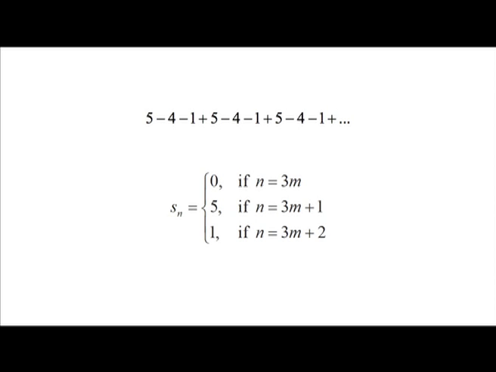Then Sn equal to 0 if n equal to 3m, 5 if n equal to 3m plus 1, 1 if n equal to 3m plus 2. Here the sequence of partial sums is 5, 1, 0, 5, 1, 0, etc., which does not converge. Hence, the series is divergent. As the sequence of partial sums has an oscillatory nature, we say that the series is oscillatory.